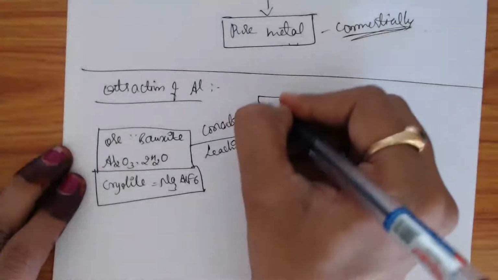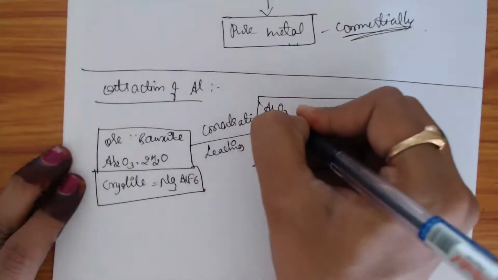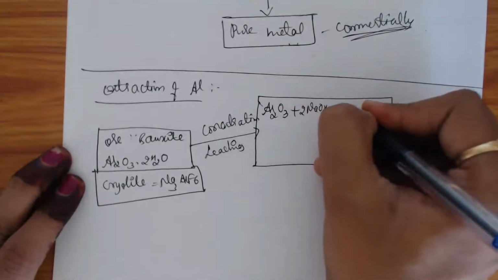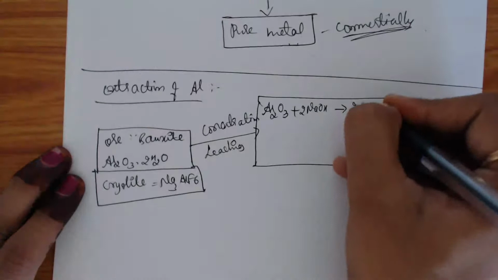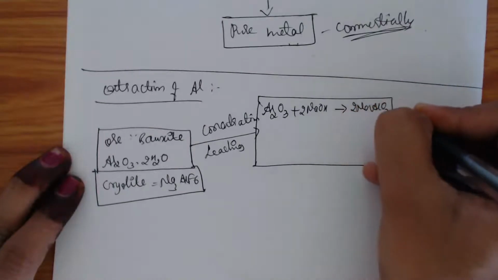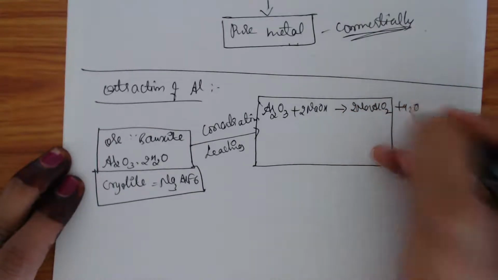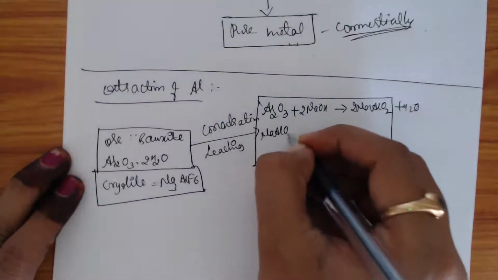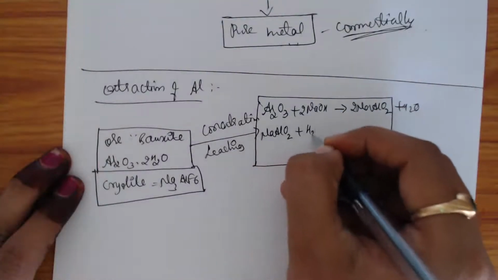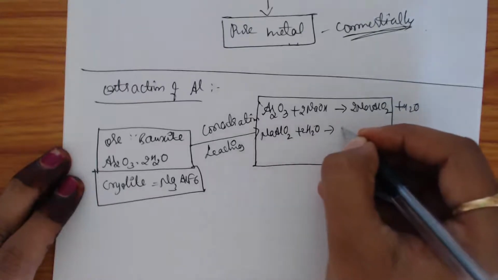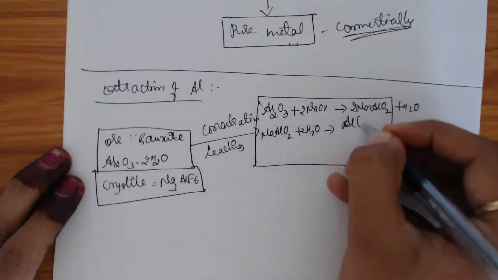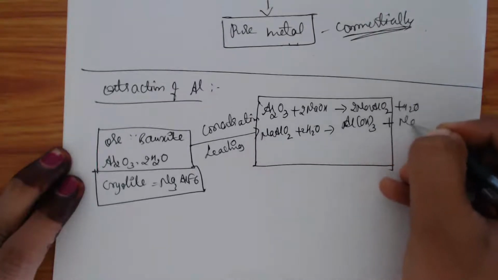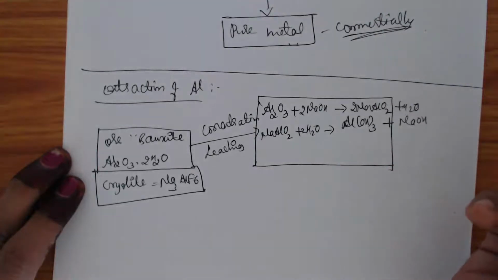This Al2O3, if treated with NaOH solution, forms sodium aluminate, NaAlO2. This is then treated with water, forming aluminate ion or aluminium hydroxide with NaOH solution.